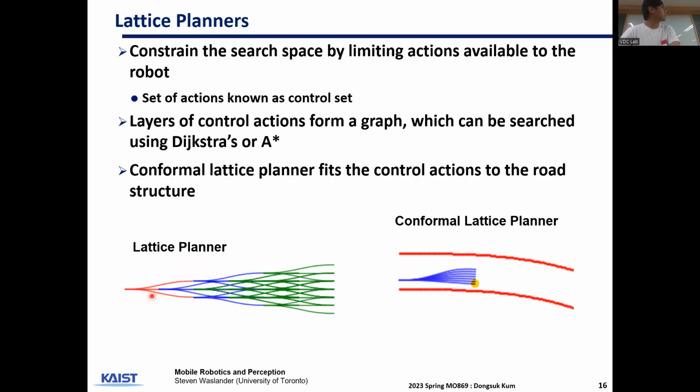At the second iteration, each branch is branched out again into 3 other possible branches. Each layer of control action forms a graph, and then you can use graph search algorithms such as Dijkstra's or A-star for the planning. A variation of lattice planners is the conformal lattice planner, which takes road structure into account in the control actions.